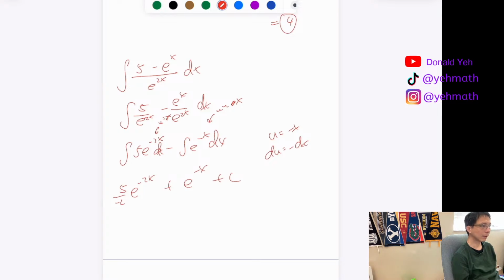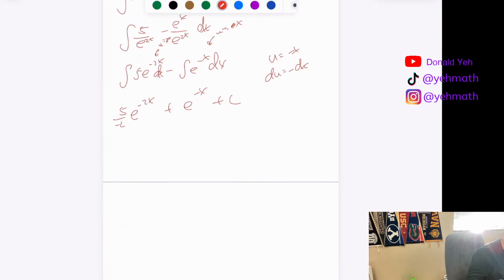Could you go over 104? I don't know, that's a good question. 104: 2e to the x minus 2e to the negative x over e to the x plus e to the negative x. Now, I will probably factor the 2 on the top.